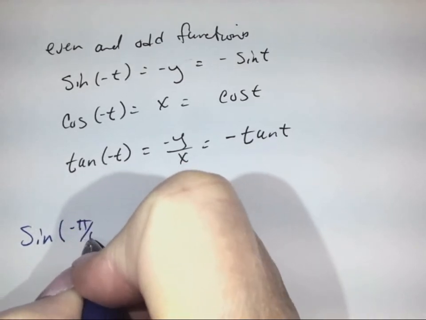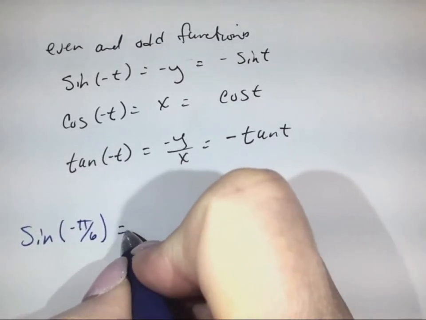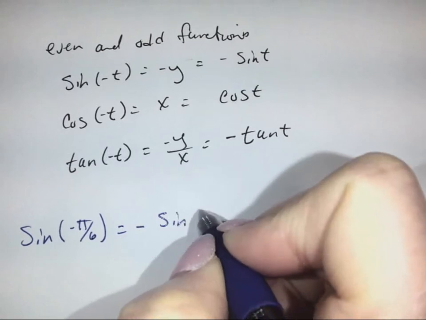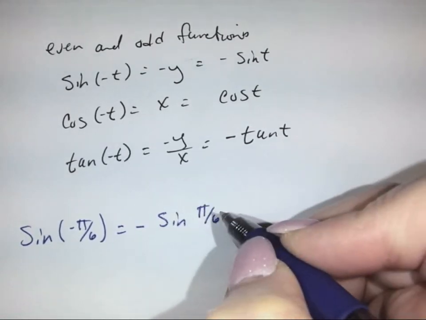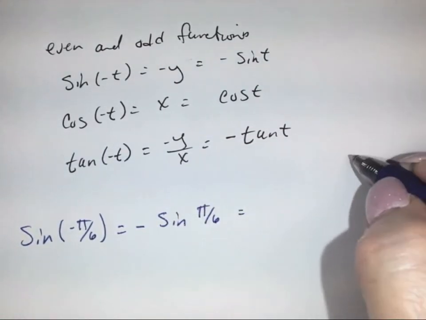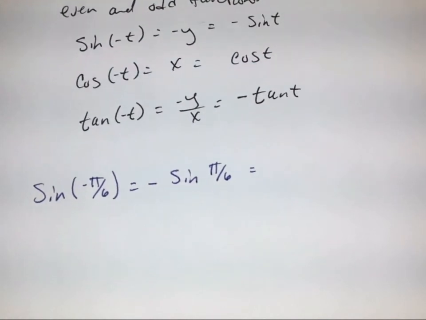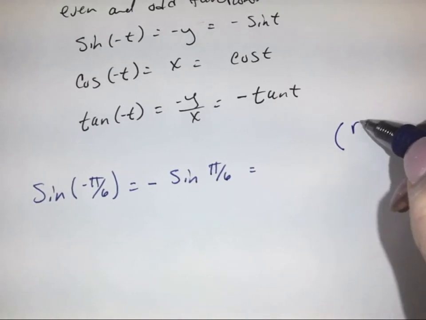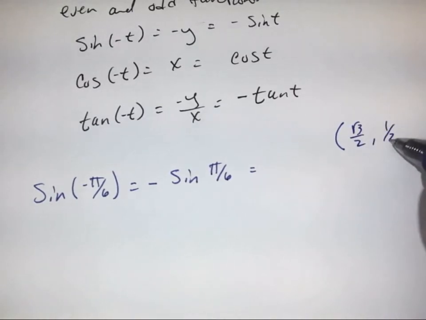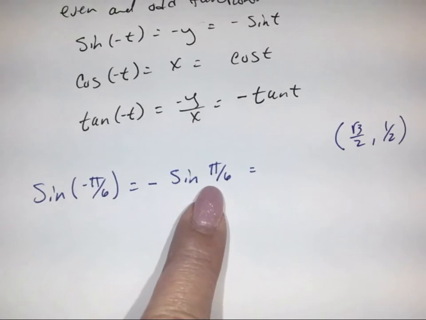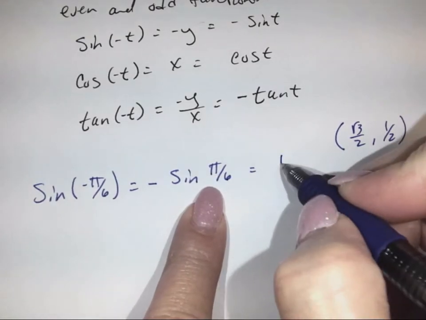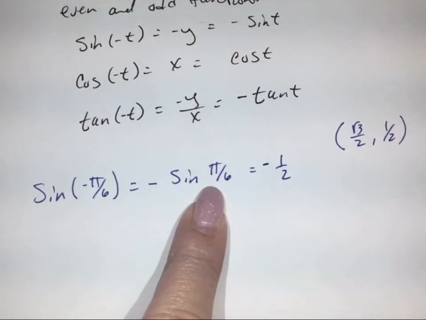So if we're looking at the sine of negative pi over 6, that's equal to the negative of sine of pi over 6. And if we remember our reference, our terminal point for pi over 6 is going to be the square root of 3 over 2, 1/2. So it's going to be equal to 1/2, and it'll get that negative sign.